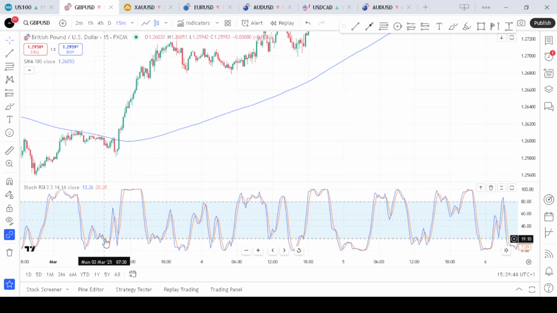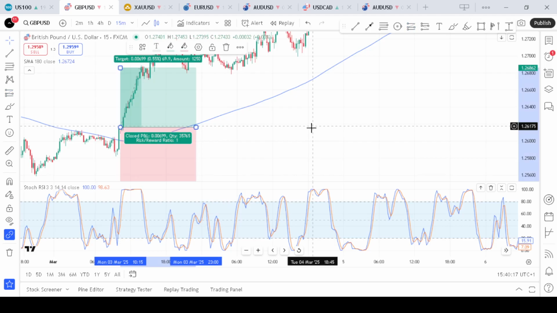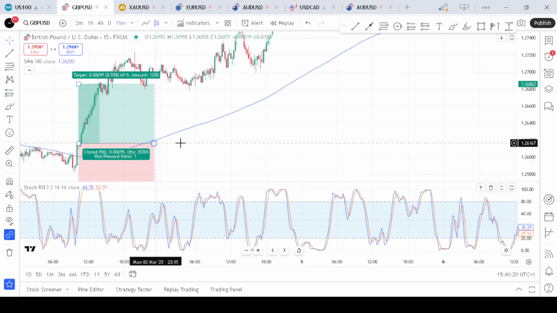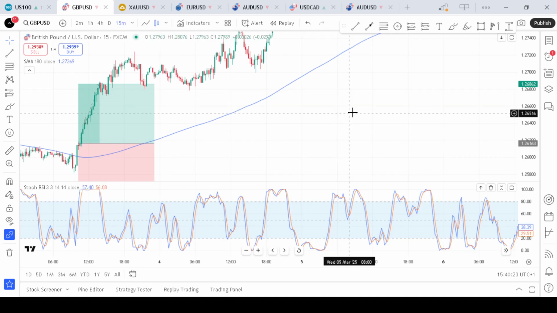When the indicator is around the 20 region, once it moves above that, we are expecting price to leave that oversold region and head to the overbought region. So if I'm to take a long trade, we wait for this Stochastic RSI to rise from the oversold region. Once we notice it is above there, this is where we would want to capitalize and enter our long position. Remember, price has to be above your simple moving average.